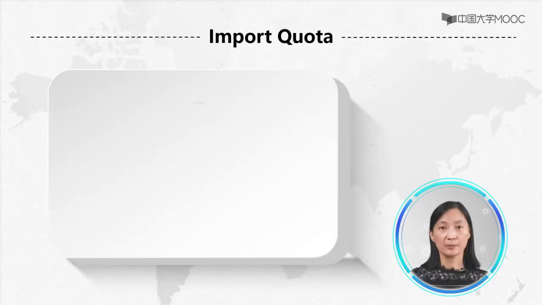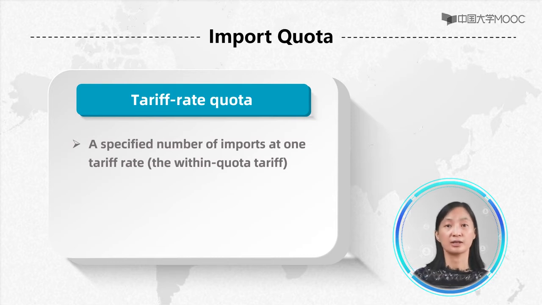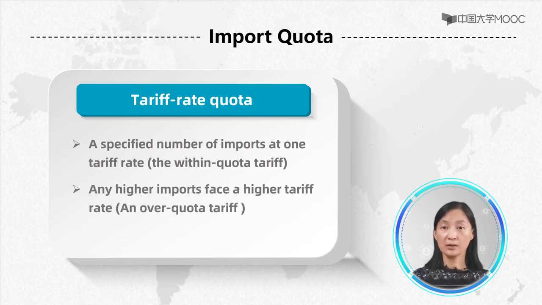A tariff rate quota displays both tariff-like and quota-like characteristics. It permits a specified quantity of imported merchandise to be entered at a lower tariff rate, the within-quota rate, whereas any imports above this level face a higher tariff rate, the over-quota rate.